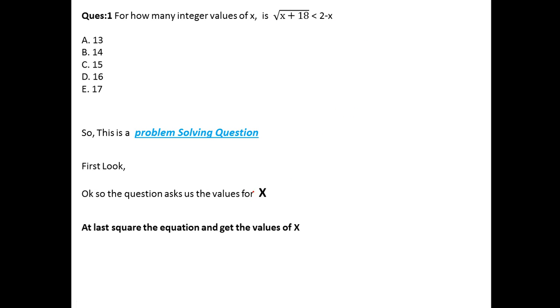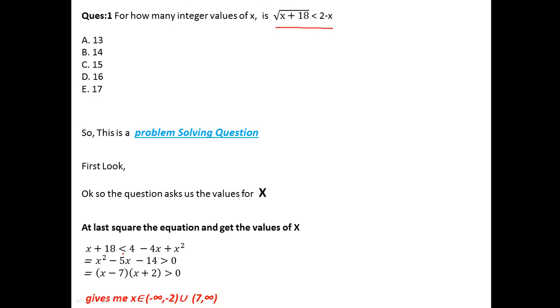Now look at the final thing. Let us solve this given inequality, right? Square it. Root x plus 18 to the power 2 gives me x plus 18, right? And 2 minus x whole square is equal to 4 plus x square minus 4x.